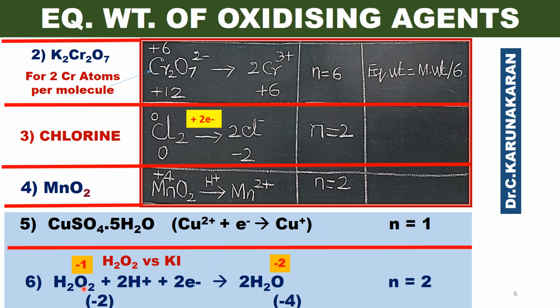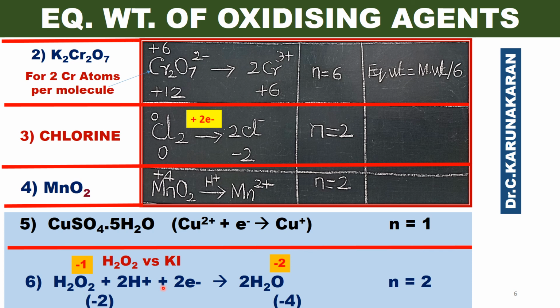Another example is hydrogen peroxide. Hydrogen peroxide acts both as an oxidizing agent as well as a reducing agent. With KI in acid medium, it acts as an oxidizing agent. On the other hand, when titrated against potassium permanganate, which is a strong oxidizing agent, it acts as a reducing agent. See, it is an oxidizing agent with KI.